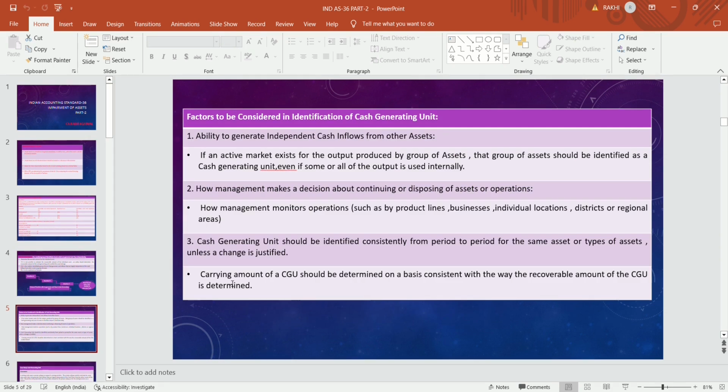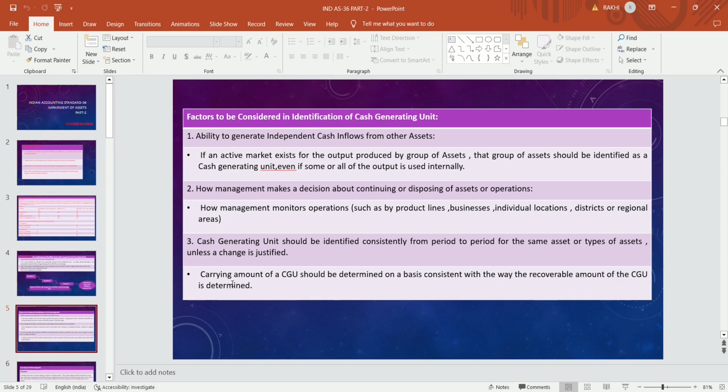Now coming to the factors to be considered in identification of a cash generating unit. What factors are to be considered while identifying the cash generating unit? Firstly, we will identify the ability to generate independent cash flows from other assets. Suppose there are three assets.